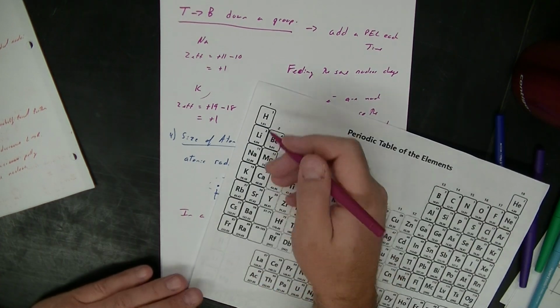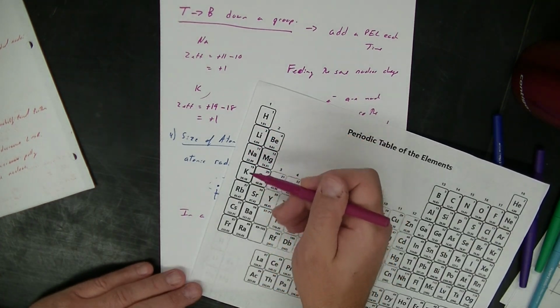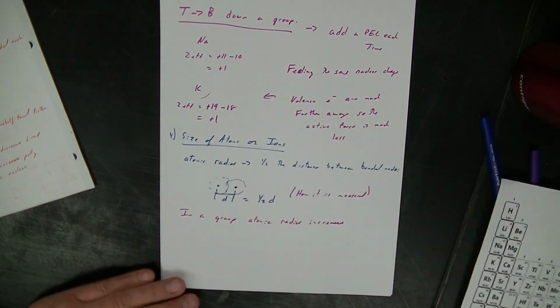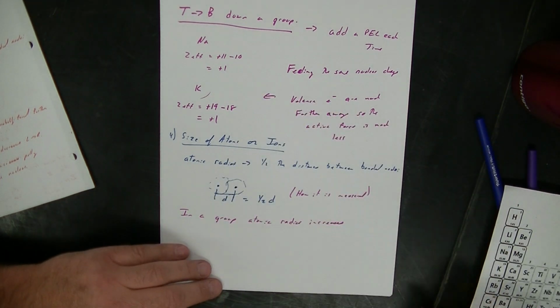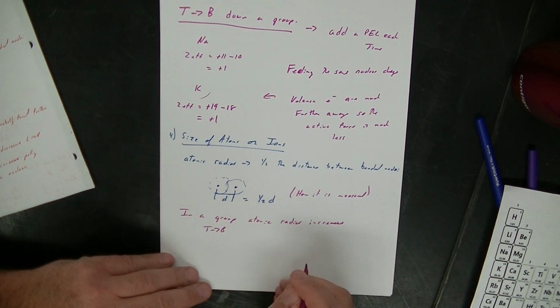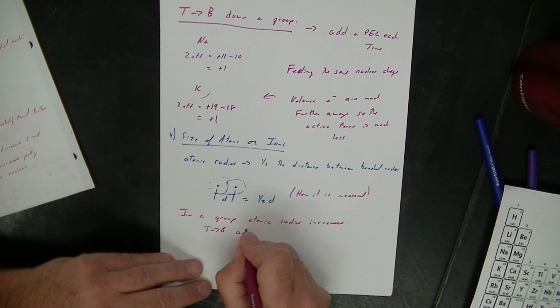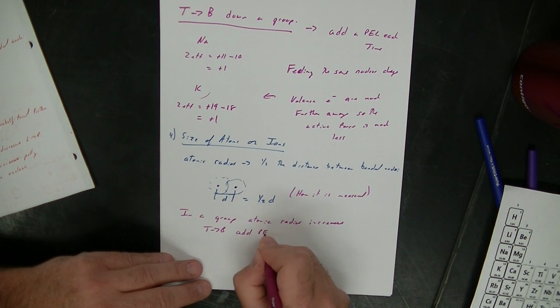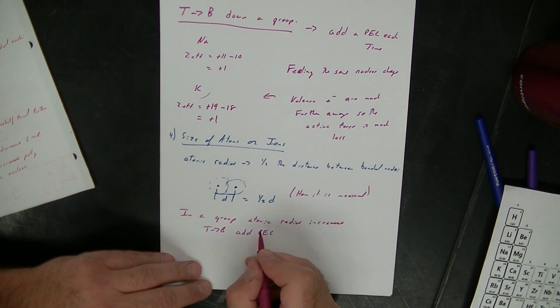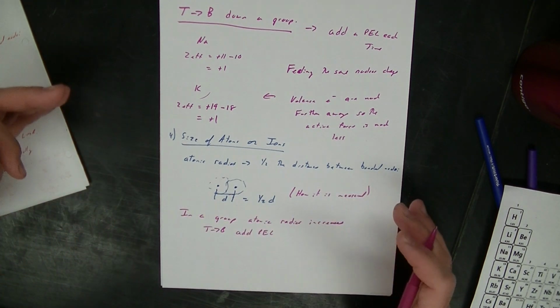So as we go down the group, why is the radius getting bigger and bigger and bigger and bigger? What's the main reason? Well, the biggest thing that we're doing as we go top to bottom is we add a principal energy level. Okay? We're adding layers.